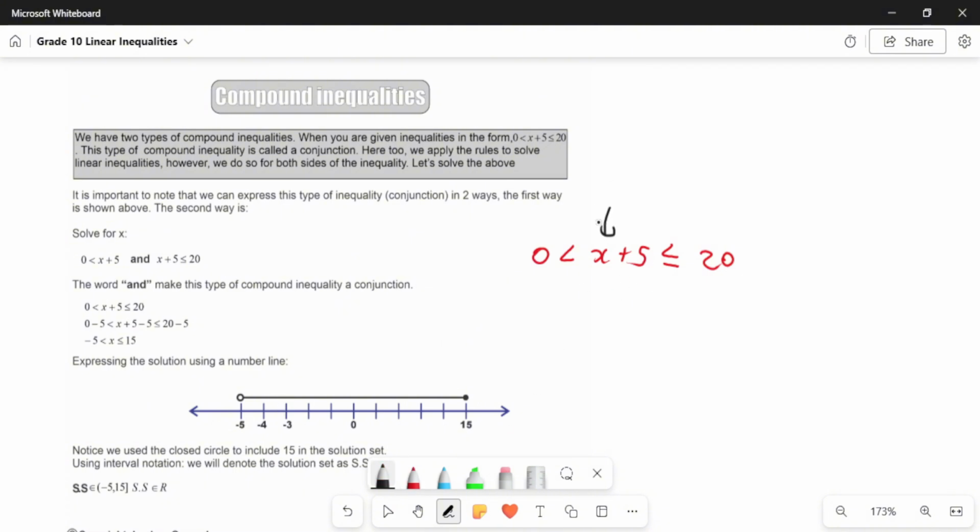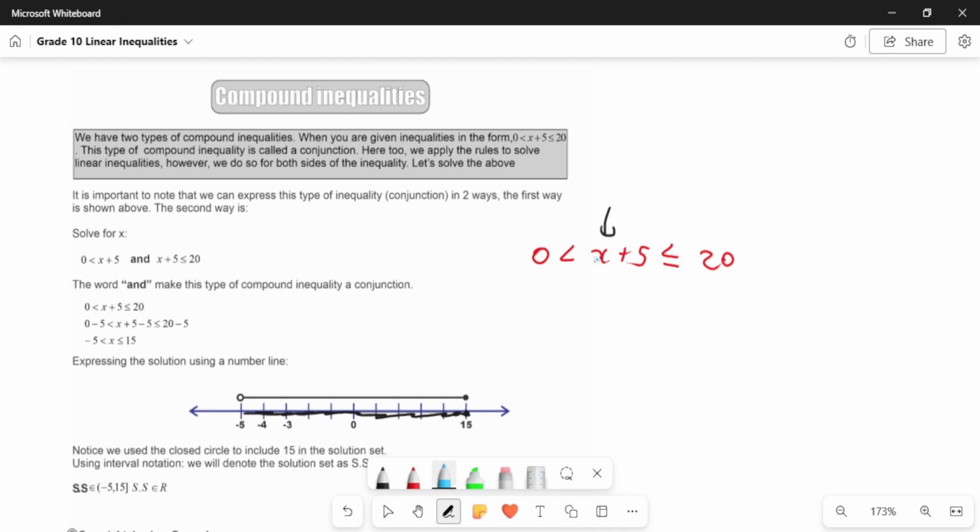If I input x values in here that are greater than minus 5, so any x value, not including minus 5, any x value in between here, from here all the way to here, including the 15, will lie between 0 and 20 and can be equal to 20. Understood? So it'll satisfy this mathematical statement. So basically what we're saying is we want to input x values such that we output a numerical value that is greater than 0 but less than or equal to 20.